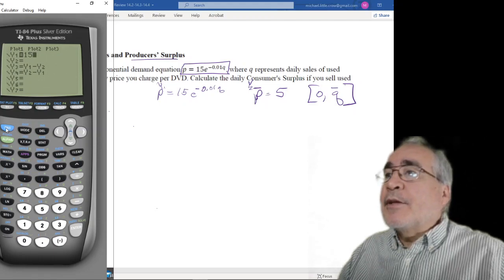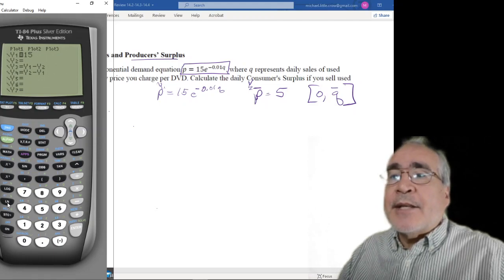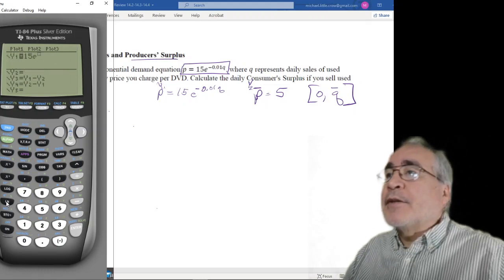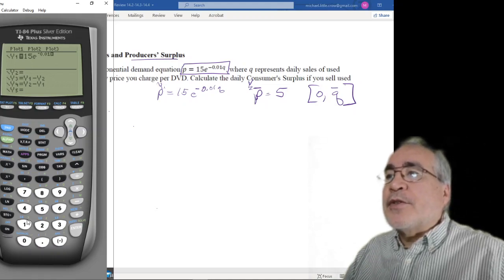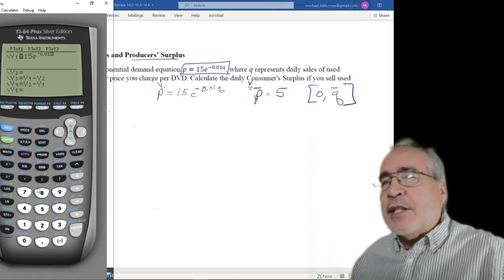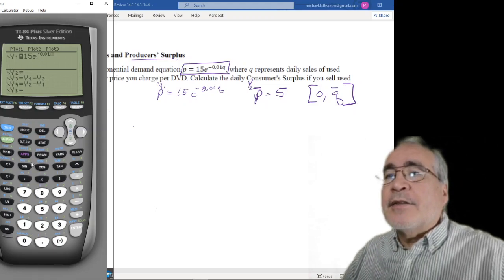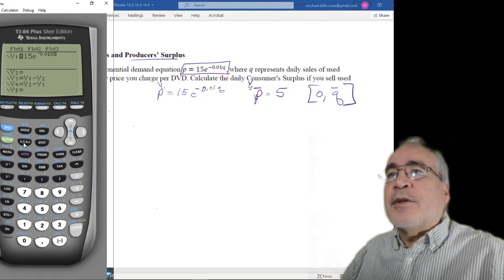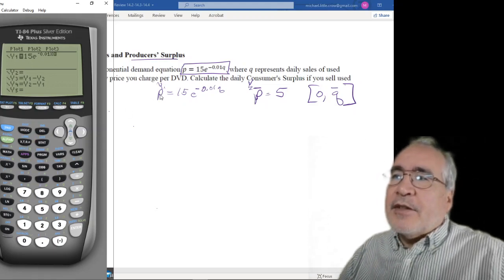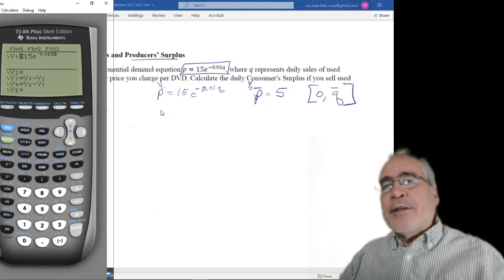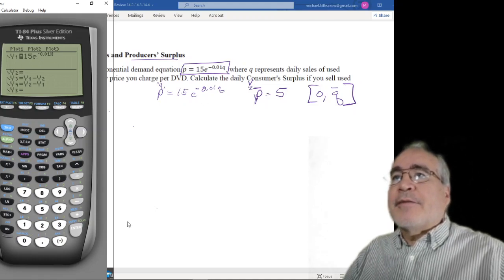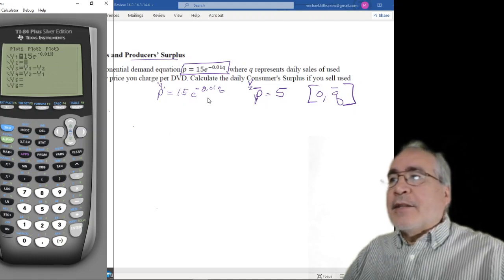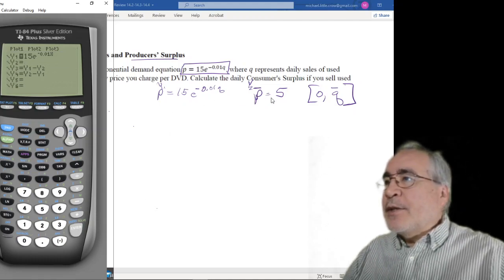Let's see, we go to second, natural log is your E, there we go, E to the X. We put minus 0.01, which is a 1% decrease, is what it's telling us. And then our Q is what we're going to call X. So basically just remember P is the Y values of the graph, Q is the X values of the graph. And the second one is just Y2 equals 5.